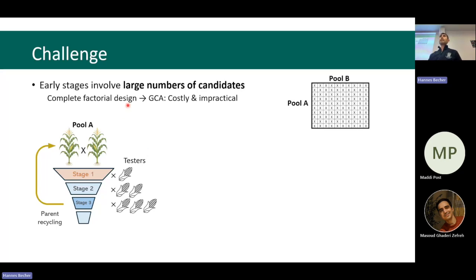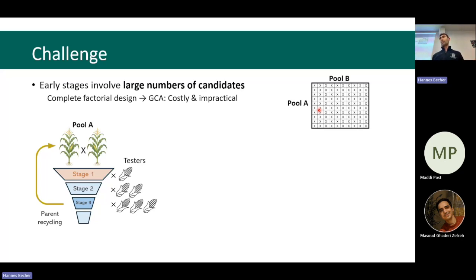The early stage is characterized by a large number of candidates. The ideal design for estimating general combining ability would be a complete factorial design, testing all possible hybrid combinations from the two pools. But if we have, imagine, 1,000 candidates in each group, we would have millions of hybrids, which is impossible to evaluate in practice.